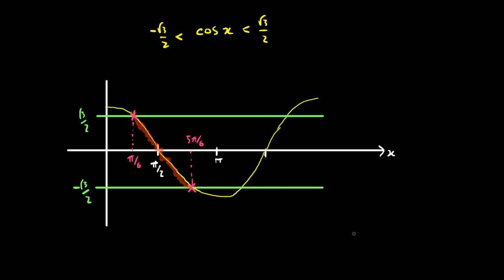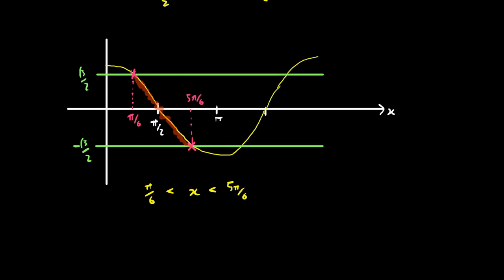So if we're trying to find out where cos x is between minus root 3 upon 2 and positive root 3 upon 2, well, that's like saying we want x to be between pi upon 6 and 5 pi upon 6. So in other words, our solutions for x need to be between here and here.